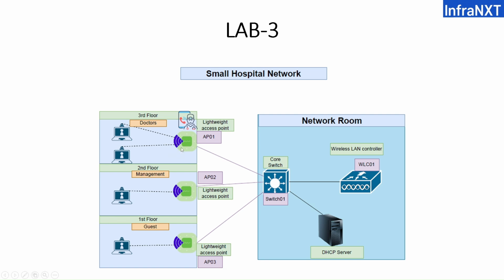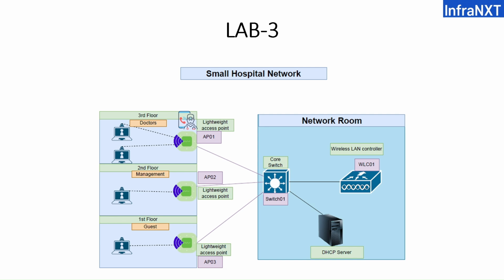In our previous lab, the home network, we configured the individual home routers, and that configuration was manual, by logging into that specific router. But in bigger organizations, now that we have expanded from a single home to a hospital network where we have three APs, imagine the same hospital is very big.